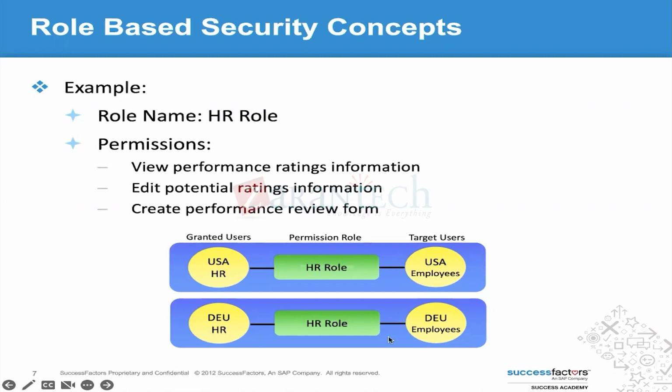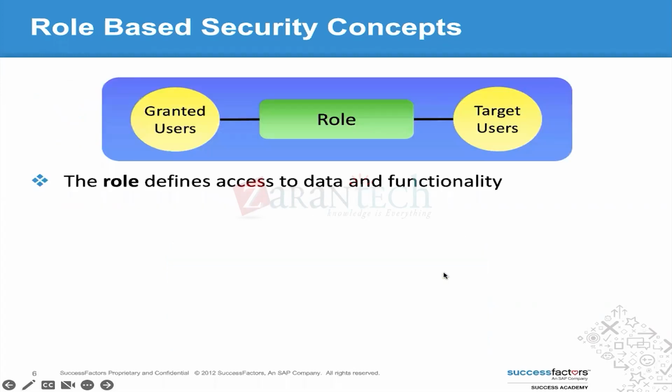And to define the same things I just mentioned: a role is the one that defines access to the data and the functionalities. In the role, you give access to the data, like what data can be accessed. A person having this role can access the salary data or not, the performance data or not. That is the first thing, access to data.